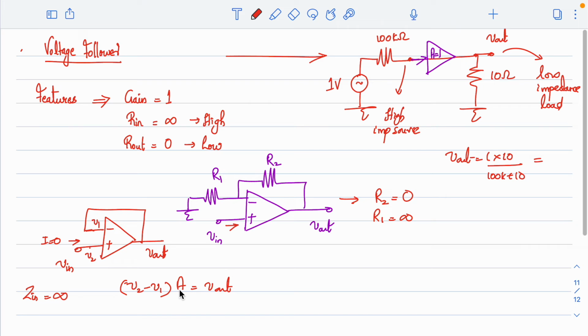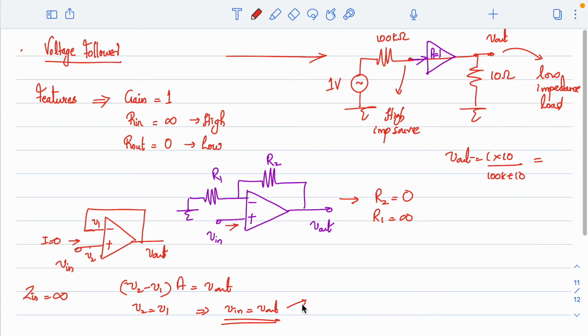Now what is A here? A is infinity. If A is infinity, I can write V2 is equal to V1, right? Now V2 is equal to V in, and V1 is equal to V out. That means your V in is equal to V out.